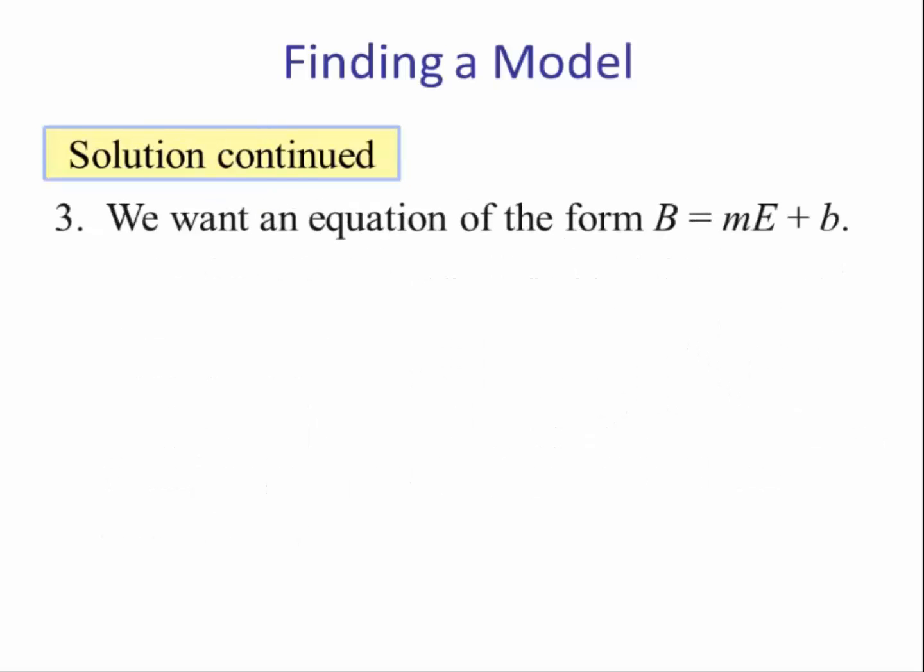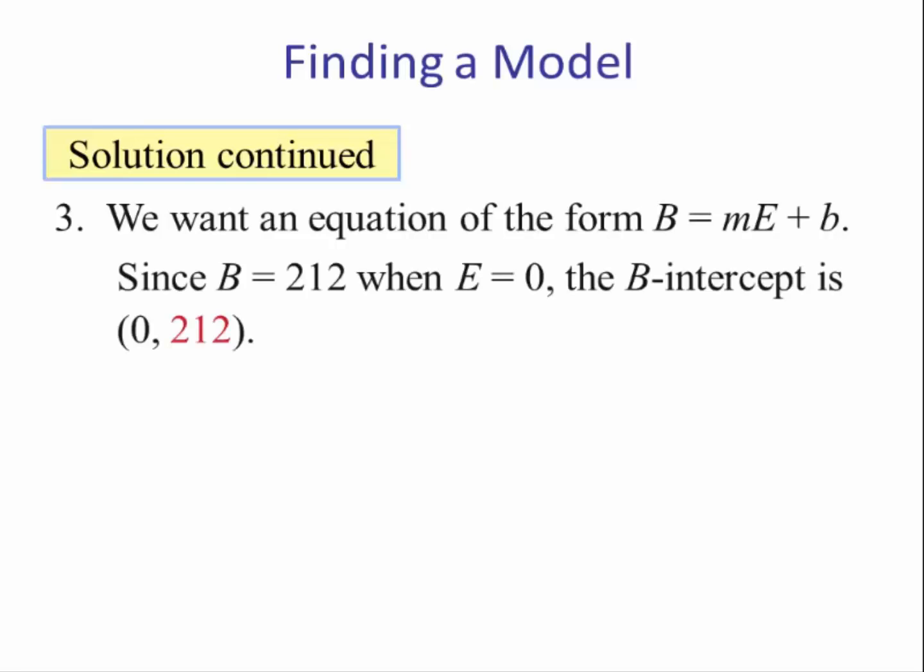Number 3, we want the equation in y equals mx plus b form, or in this case, since we're using B and E, we want it in the form B equals the slope times E plus the y-intercept B. Now since B equals 212 when the elevation E is 0, the B-intercept is 212.